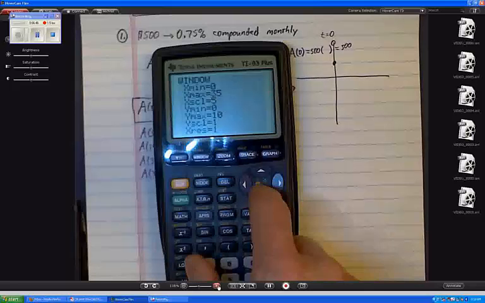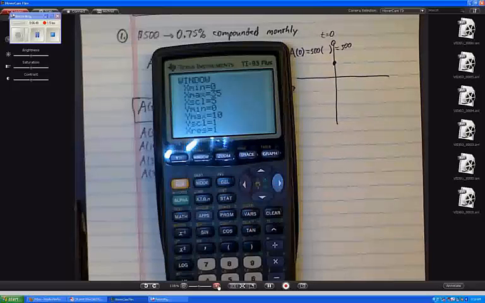Y max, I don't know if you guys have any idea. Do you have any idea how much this is going to grow? You start with 500 bucks. I don't know. How about I put 5,000 and go from there? See what happens. I don't think it's going to grow nearly that much. Y scale, how about every 500, I'll put a mark, and that way I'll be able to see what happens. So I'll press graph.